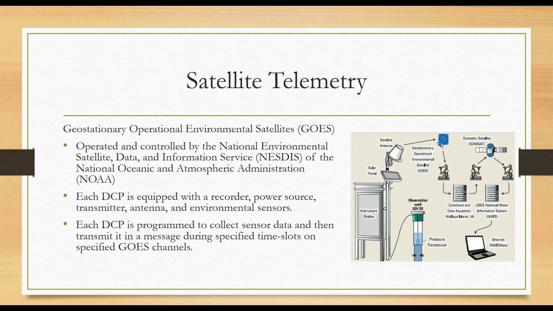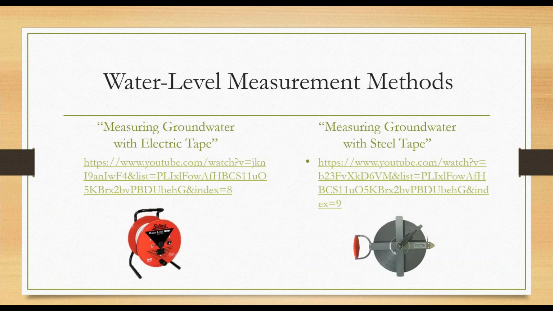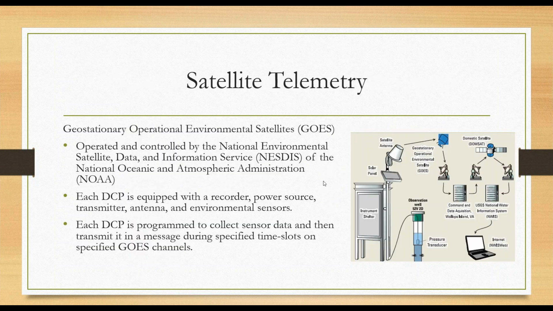So I mentioned just a few seconds ago how we get the data from the field for continuous records that are real time. We get the data from the field to the office. So this diagram shows that there's an instrument shelter where the instruments are sitting. There's a power supply and a satellite antenna.